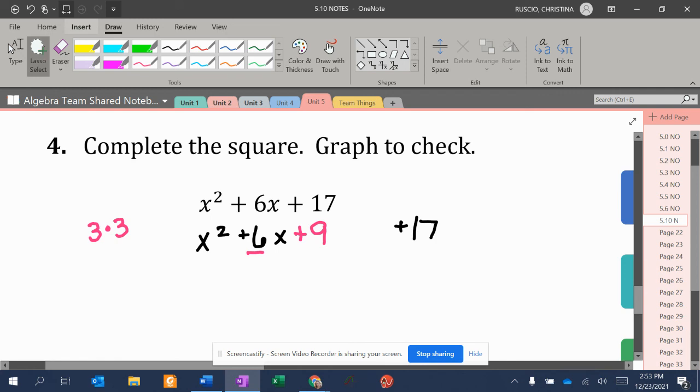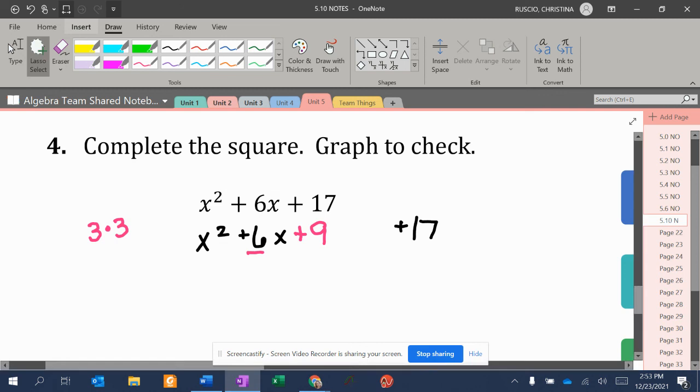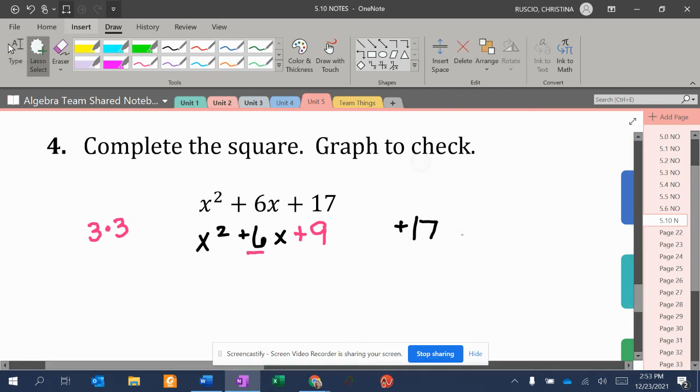We can't just randomly add 9 to an expression and expect not to change the value. So the only way that we can cancel out adding 9 is to make adding 9 zero somehow. What can we subtract from 9 to make it 0? If you're thinking 9, you're correct. 9 minus 9 will equal 0.